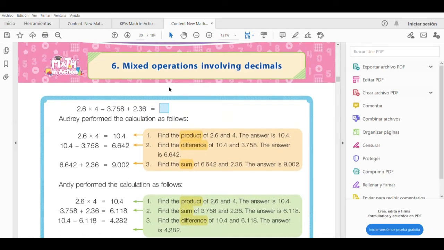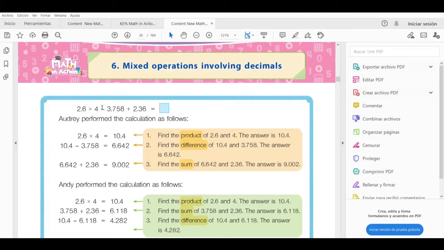This time we are learning about decimals. Do you remember decimals? You must know this word already. This is a decimal. We have already learned how to multiply decimals.